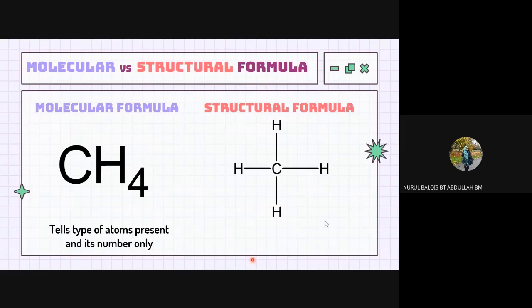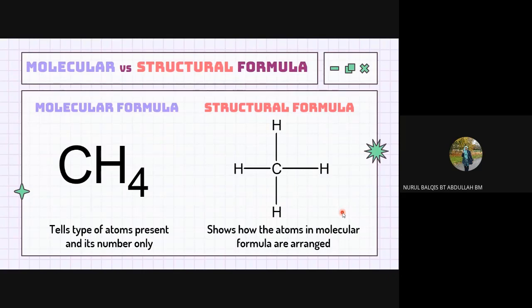Structural formula, just like the one on the right, it tells you about the arrangement of how this molecular formula is arranged. You start from the molecular formula and then you akan arrange dia. Macam mana nak arrange? Based on the knowledge you have learned in chapter 4 last semester. We learned about the bonding, now we are going to apply all of them. Tapi bukanlah nak suruh lukis hybrid, bukan nak suruh lukis the overlapping.